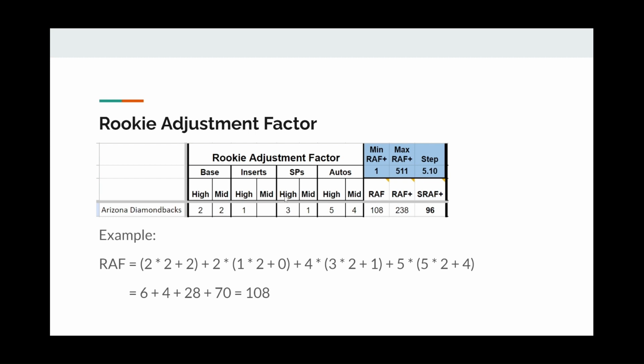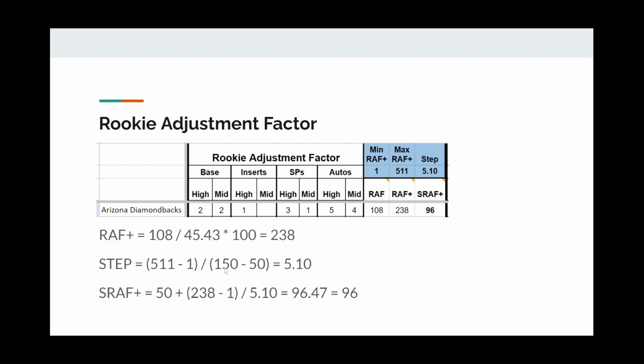For the short prints, high times 2 plus the mid, multiply everything by 4. And then for the autos, high times 2 plus the mid, multiply everything by 5. So you take all these values, you add them up, you get 6 plus 4 plus 28 plus 70. That gets you 108 for RAF.